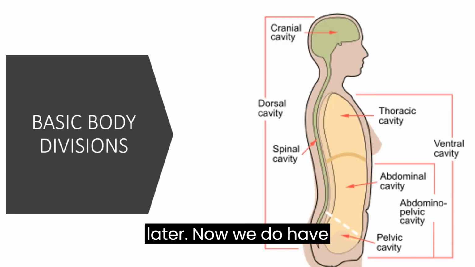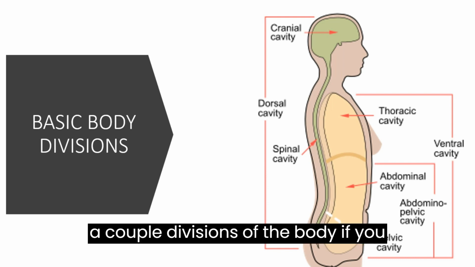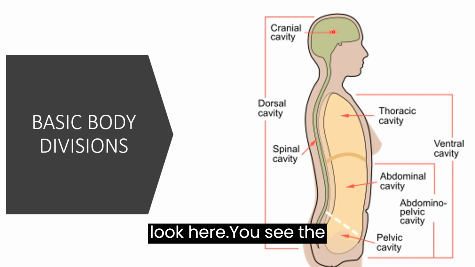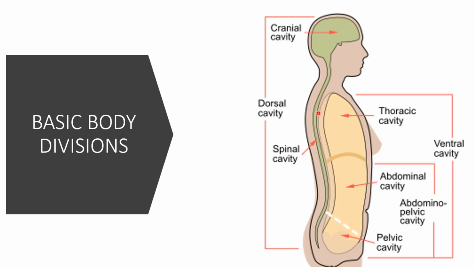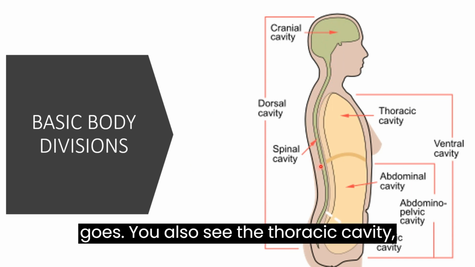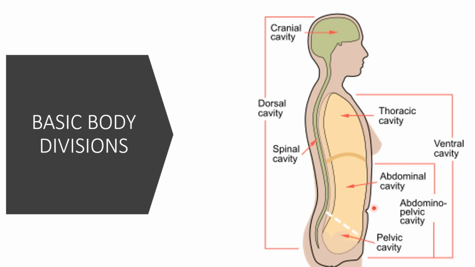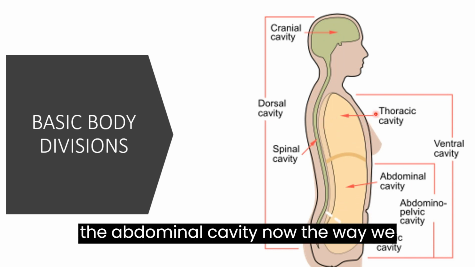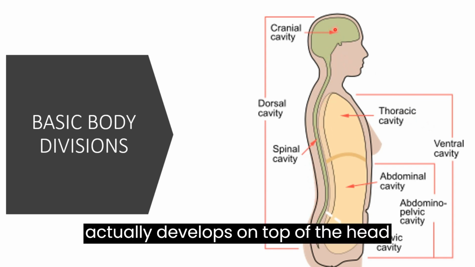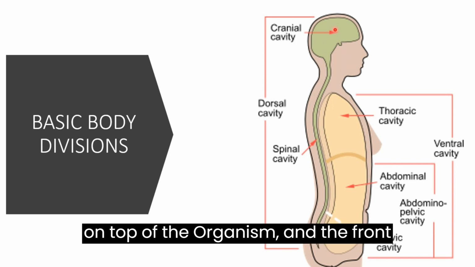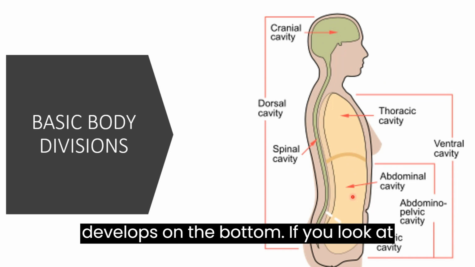Now, we do have a couple divisions of the body. If you look here, you see the cranial cavity, where the brain goes, and the spinal cavity, where the spinal cord goes. You also see the thoracic cavity, the abdominal cavity. Now, the way we develop, and we'll deal with this later, the back actually develops on top of the organism, and the front develops on the bottom.